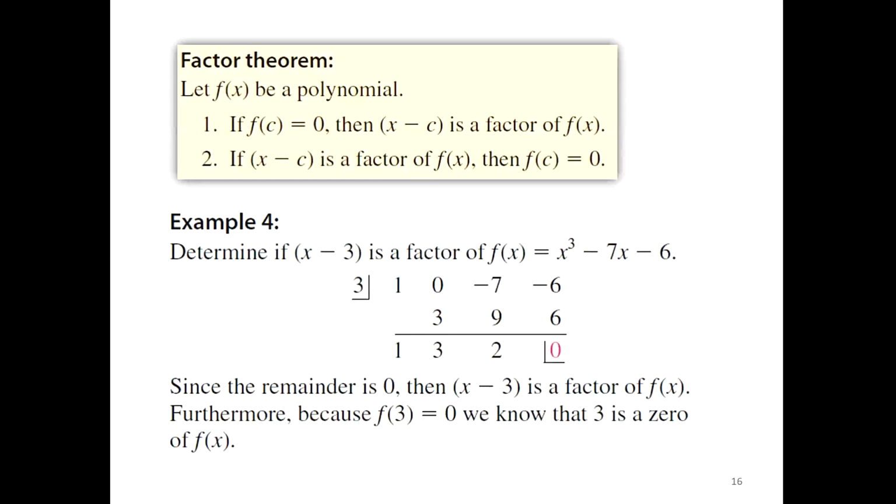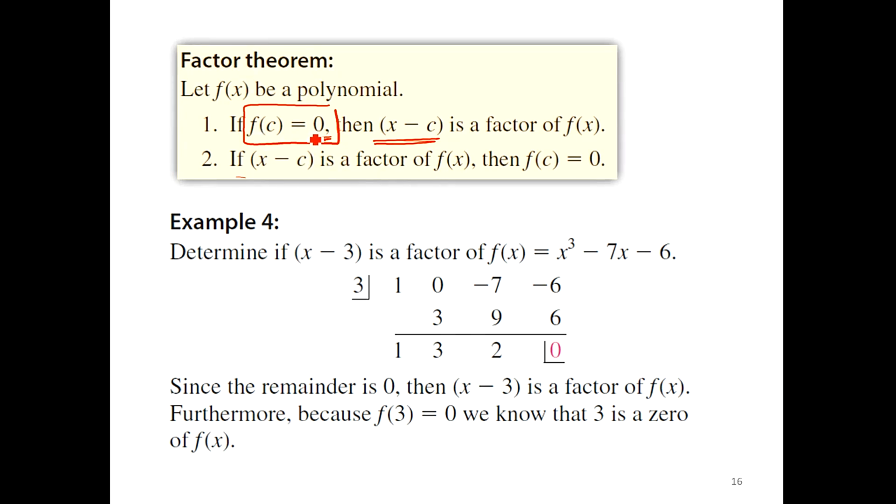Now we can conclude: if f of c equals 0 for the polynomial f of x, then x minus c is a factor. Also we can find the remainder directly. If the remainder is 0, then this is a factor.